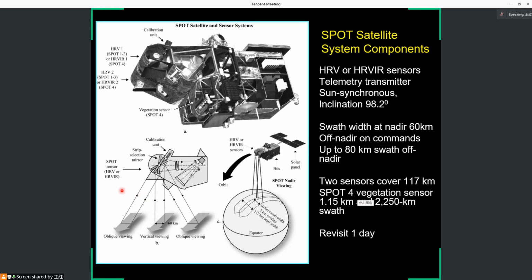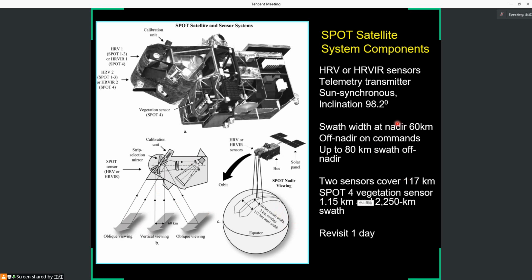Sometimes we can see in the urban area some buildings have height. Why do they have height? Because it used SPOT imagery. SPOT imagery can view from both the vertical and the oblique, and this method can get the height of the building or the trees.